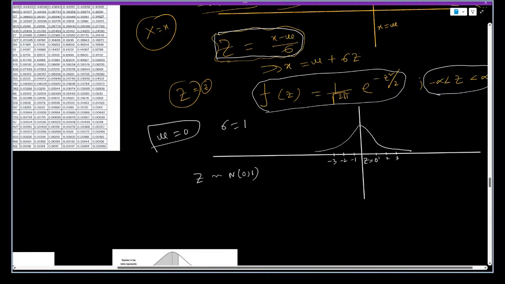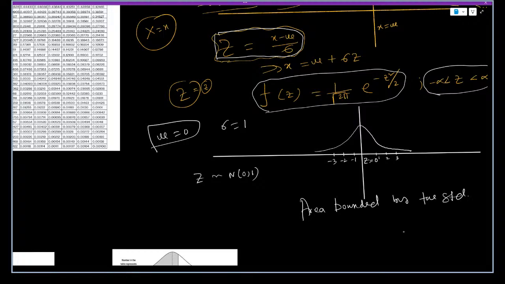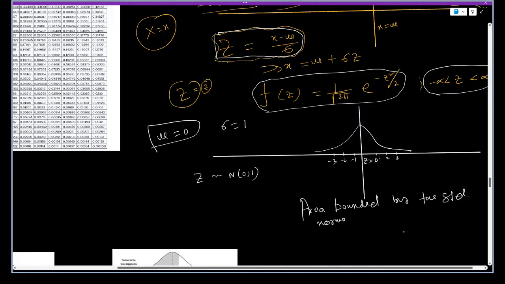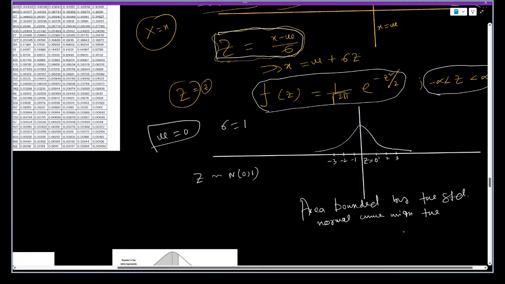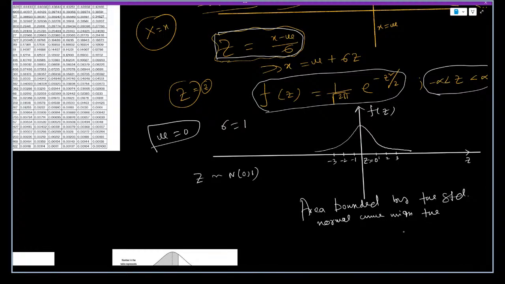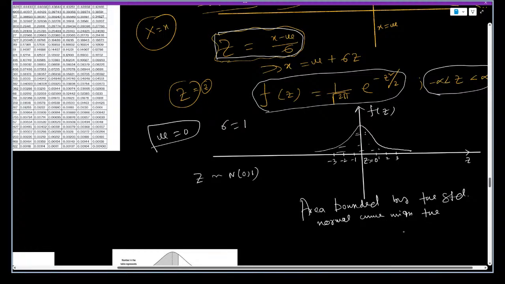The area under the standard normal distribution curve, we are saying that this area bounded by the standard normal curve with the z axis, or with the x axis here. Normally you take this as x, but here the variable is z, that's why it should be stated in terms of z, and f(z) this way.